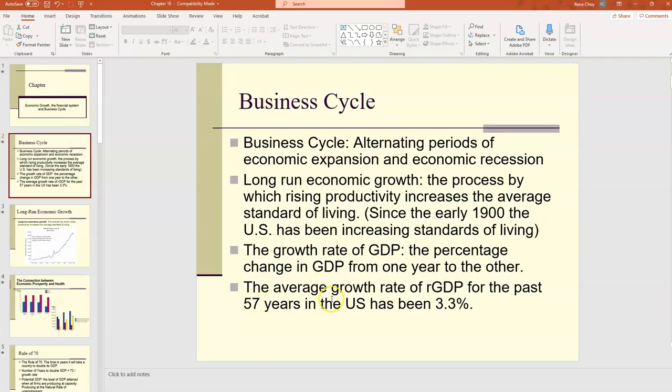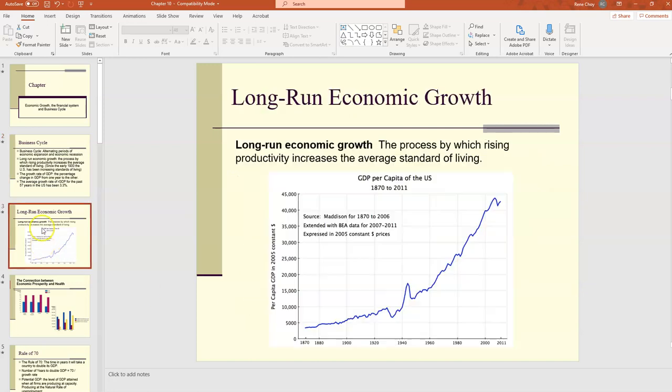All right. If you look at the US economy in the last 60 years or so, we have been growing at an average of about 3.3%. And this is the average growth rate of real GDP. This average has slowed down, by the way, in the decade of the 2010s or so. Now, this is a graph showing you long-run economic growth over time.